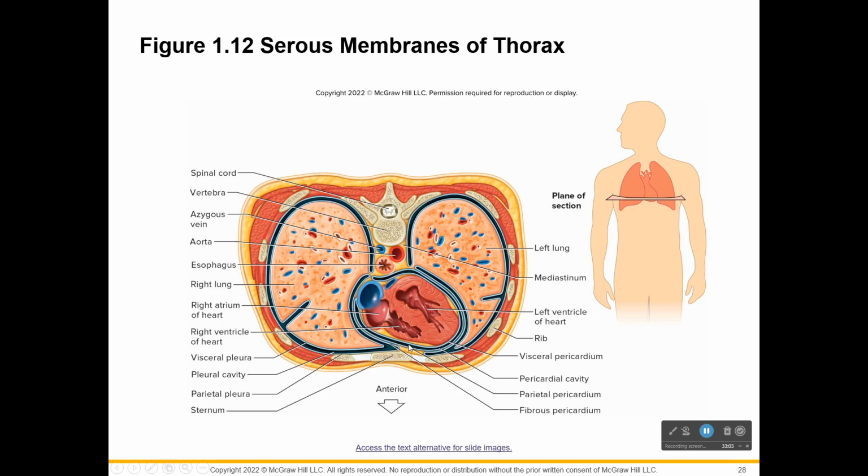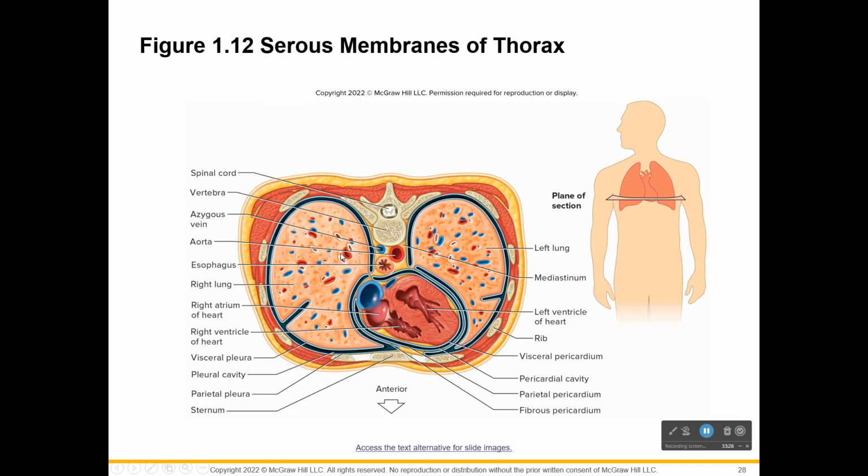Now there's the space, the serous space, serous fluid's going to be in there, and they call that the pericardial cavity because it's the cavity between our two serous membranes. So this was visceral. That means this outer one is parietal, and it's lining this mediastinum that the heart is sitting in, this area.